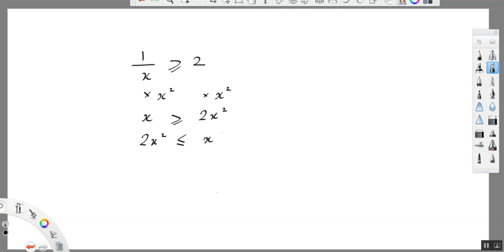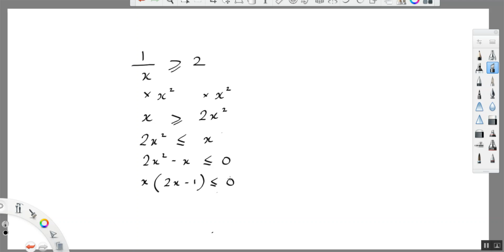I'll take the x across to give 2x squared minus x is less than or equal to 0. Factorising gives x(2x minus 1) is less than or equal to 0.